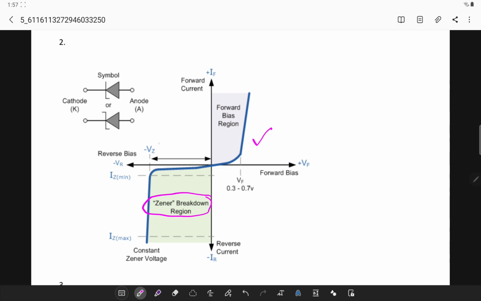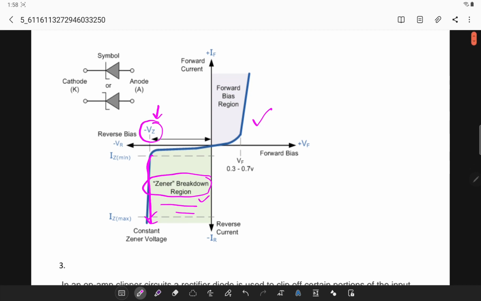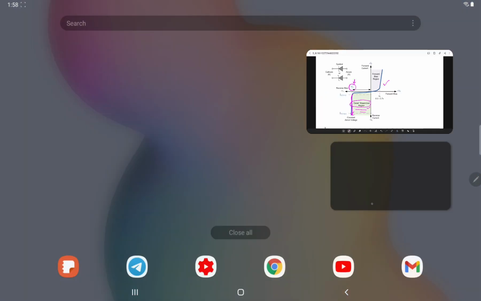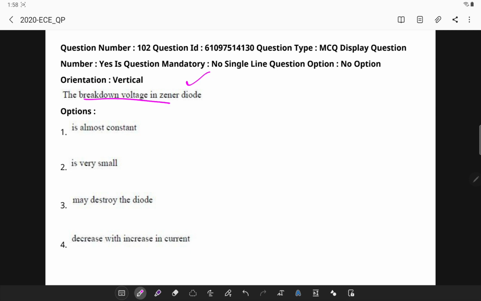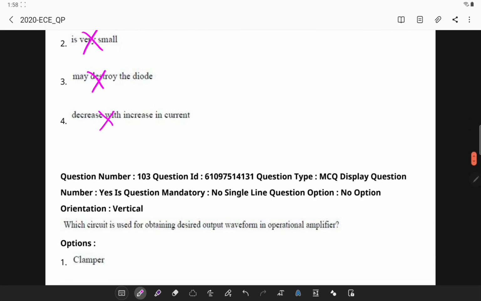However, at a particular breakdown voltage, the current will be reaching maximum, and this region is called Zener breakdown region. What you have to observe is, here at this particular minus Vz voltage, the current will increase drastically. So here the breakdown voltage is almost constant and none of the options will suit for the answer.